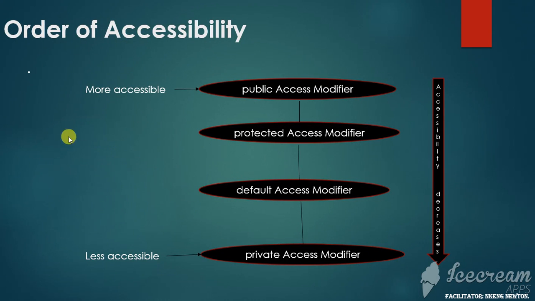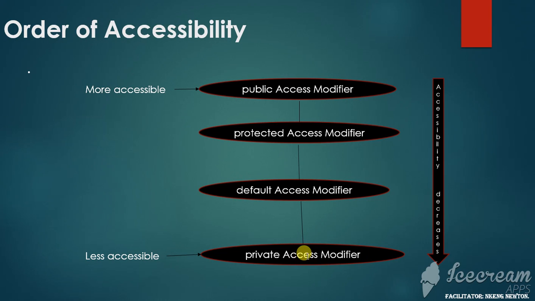So let's look at the order of accessibility. When you look at this arrow, you see that accessibility decreases. As you are moving from top to bottom, the accessibility is decreasing. If a member is private, it means it can only be accessed within that same class.